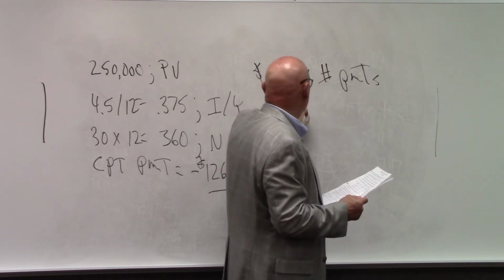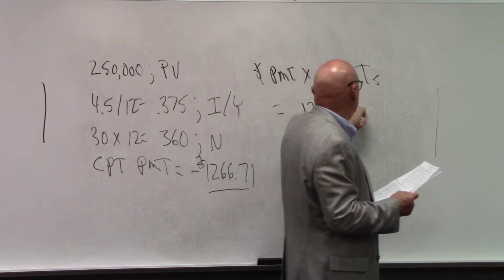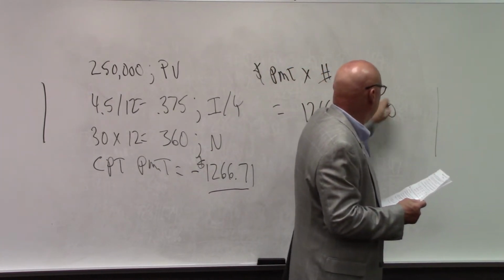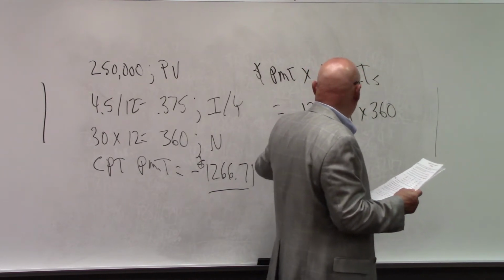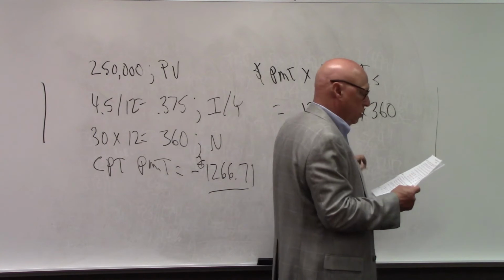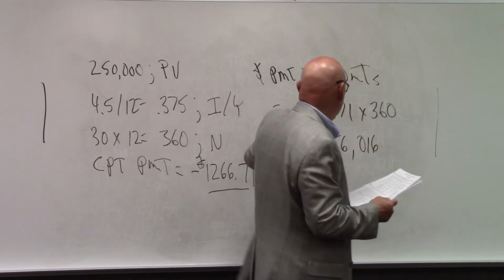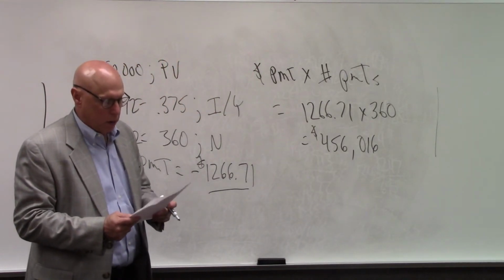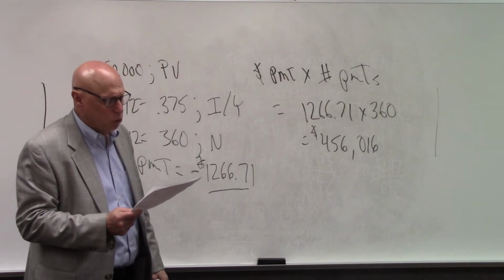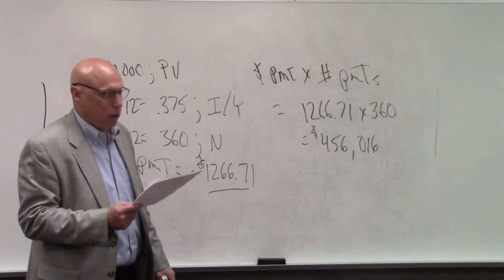So we got 1266.71 times 360, okay? And that is equal to $456,016.16. That's the total amount of money that you're paying back to the bank, folks. All right? How much interest will you pay back to the bank over the entirety of the loan?